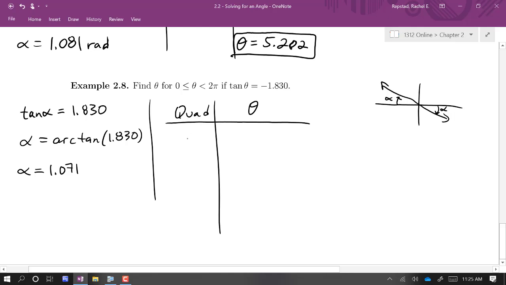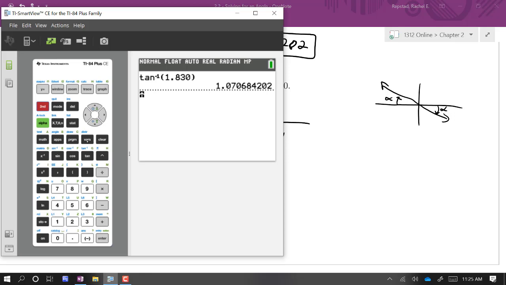So one of our angles is in quadrant 2. I'm going to take pi and subtract 1.071 radians. I get 2.071.